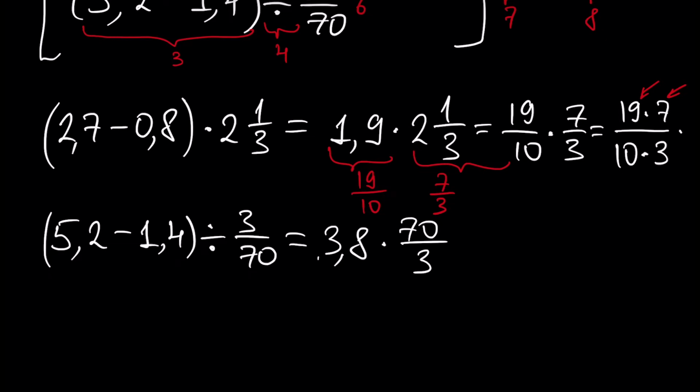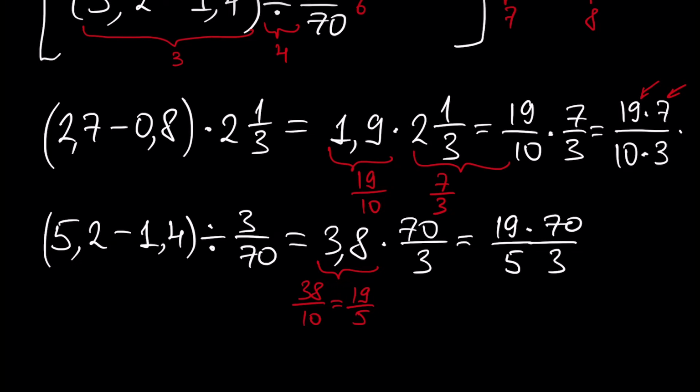This number 3.8 is equal to 38 over 10, and if we divide both sides by number 2, it will be 19 over 5. And after multiplication, it will be 19 over 5 multiplied by 70 over 3.